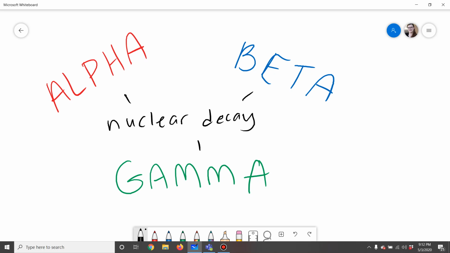But to first get started off, all of these different types of decay, alpha decay, beta decay, gamma decay, are all types of what's called nuclear decay. That's just a general catch-all term for the process by which your nucleus inside your atom starts to emit subatomic particles from itself.